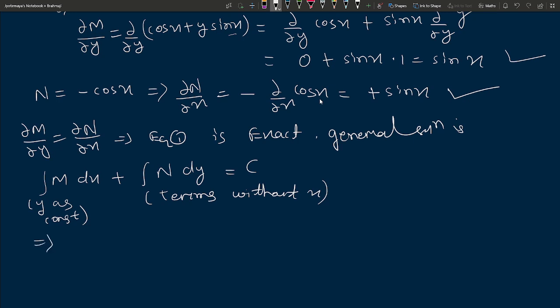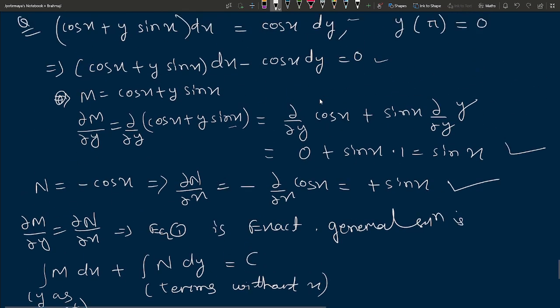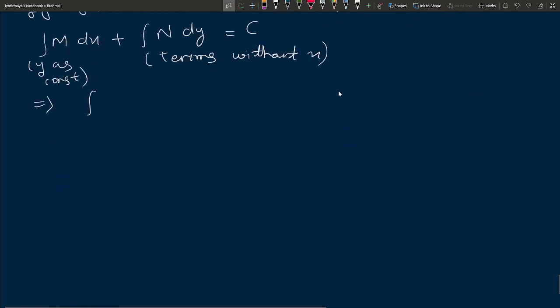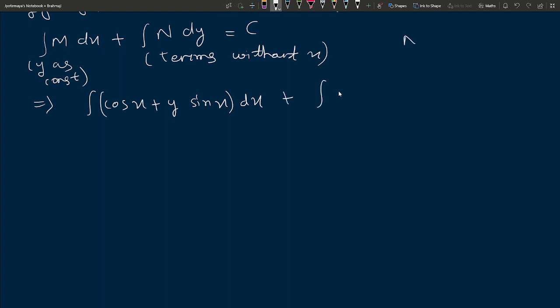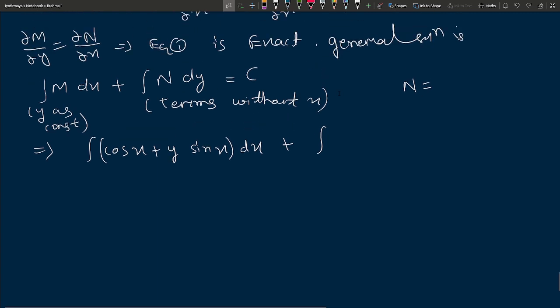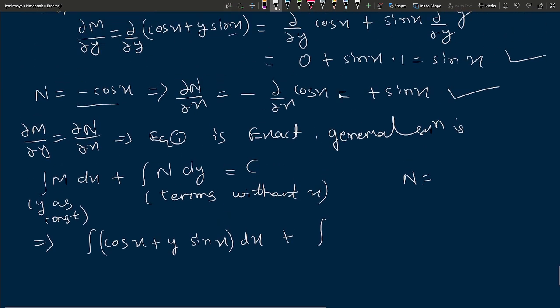Now, integration of M. What is M? Your M is cos x plus y into sin x, dx, y constant, plus N. What was N? N is minus cos x. There is only one term and it contains x, so you will write 0 here.